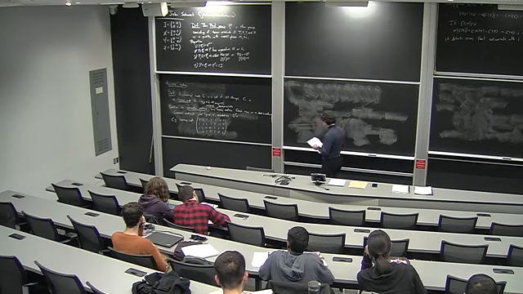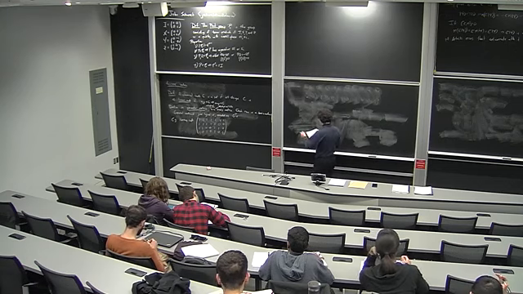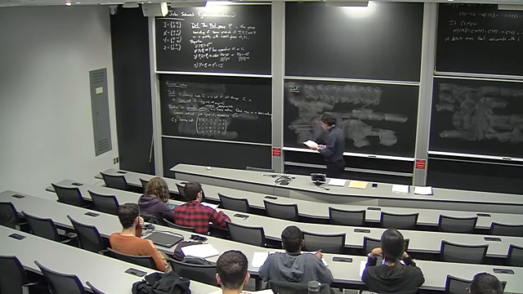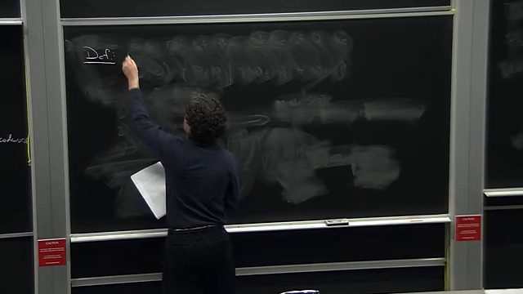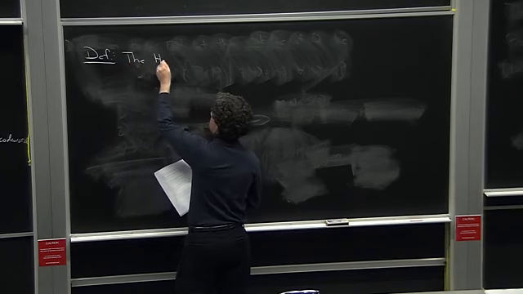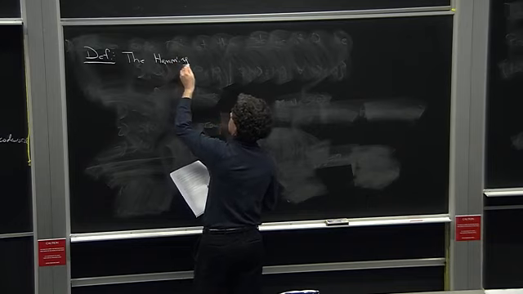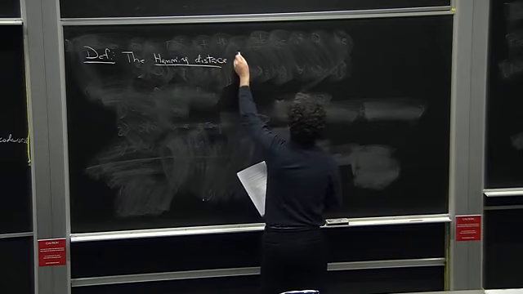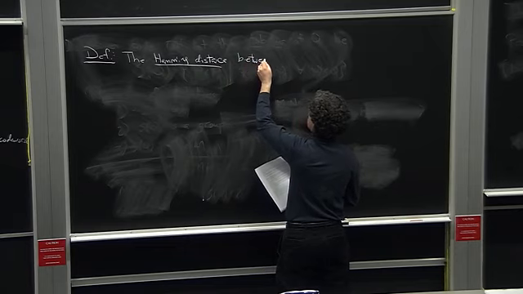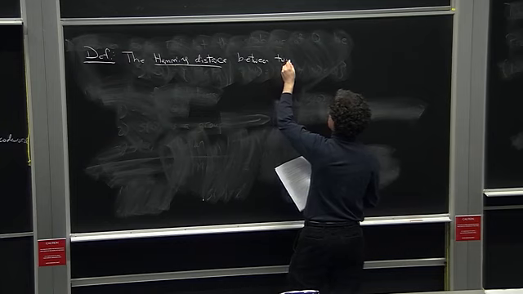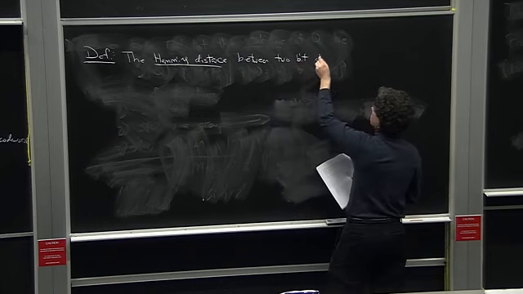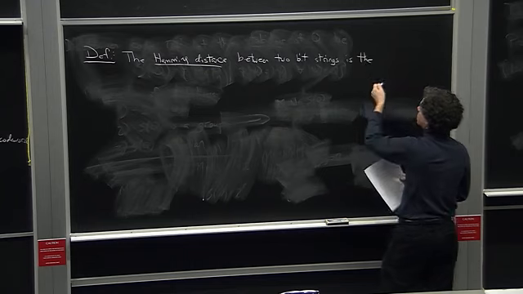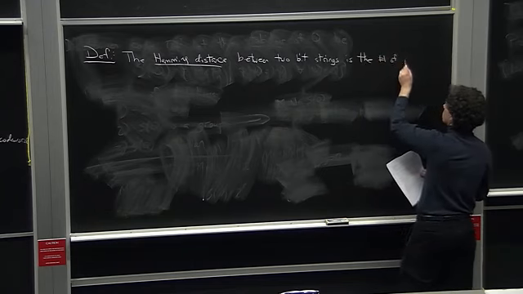Okay. And then the Hamming distance between 2 bit strings is the number of places where they differ.